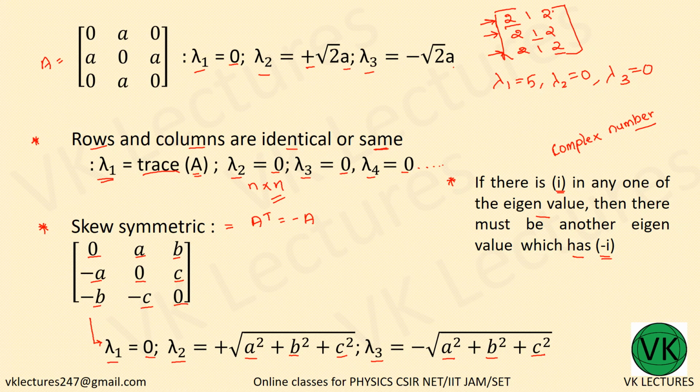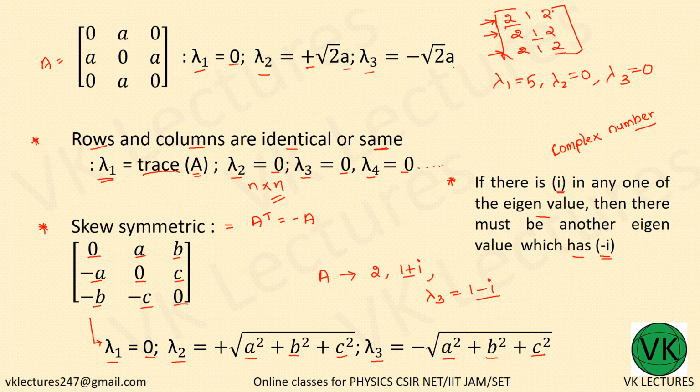For example, if I have a matrix A and the corresponding lambdas are 2 and 1 plus i, then lambda 3 should be equal to 1 minus i. If there is 1 plus i, there must be 1 minus i as an eigenvalue.